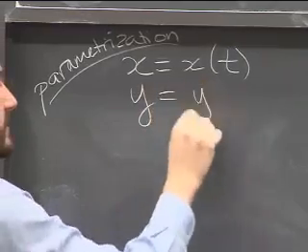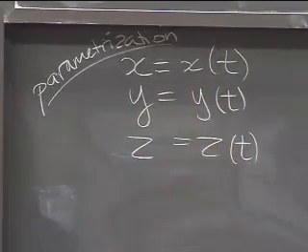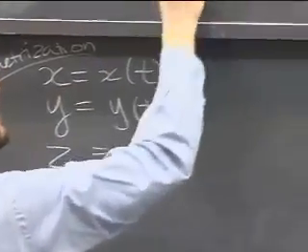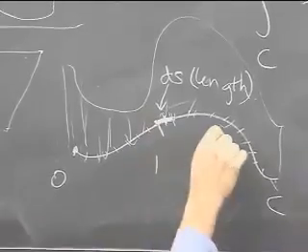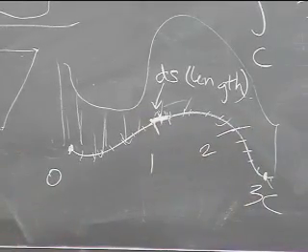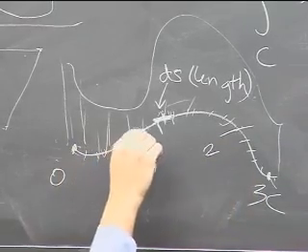So there's some parameter t, and that tells you all about the curve. So at time t equals 0, we might be over here, and time t equals 1, 2, and then 3. And it tells you how to get from here to here in 3 seconds, say. So it doesn't have to be the same speed.